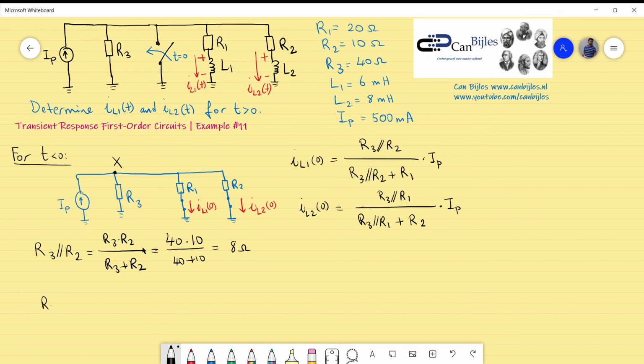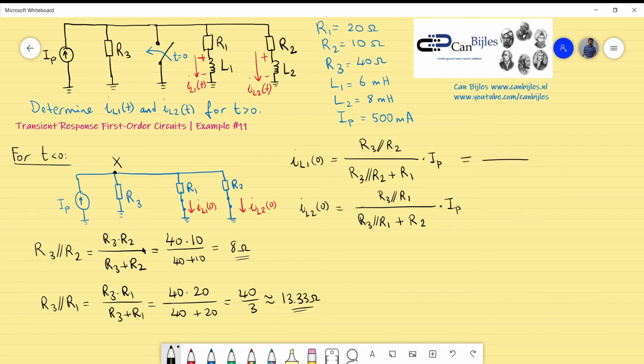And for the other one, R3 in parallel with R1 is R3 times R1 divided by R3 plus R1. And it will be 40 times 20 divided by 40 plus 20. So in exact form it is 40 divided by 3, and approximately this is 13.33 ohms. So these are the two values we require to calculate the initial values of the inductor current.